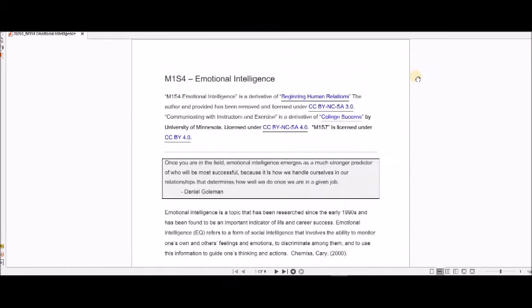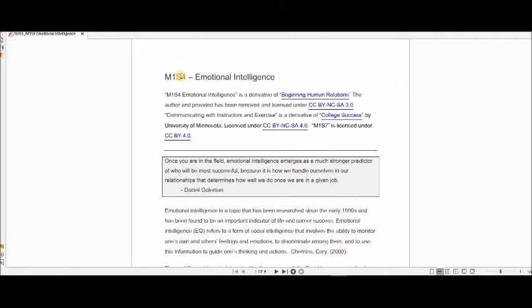By the way, here's the thing about intelligence that's different. When IQ was developed back in the early 1900s, it was believed that it never changes. You're born with a certain IQ and it never changes. With these other types of intelligences we're going to be talking about, and emotional intelligence is one of them, it is now believed that you can change, that these intelligences are like muscles, that by using them you can build them and improve them.